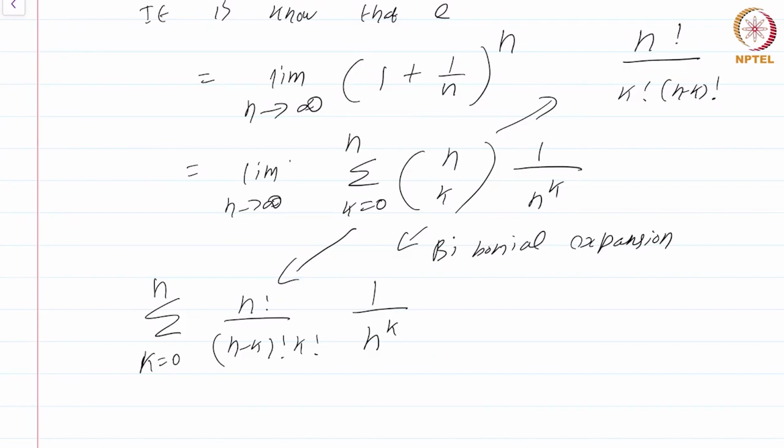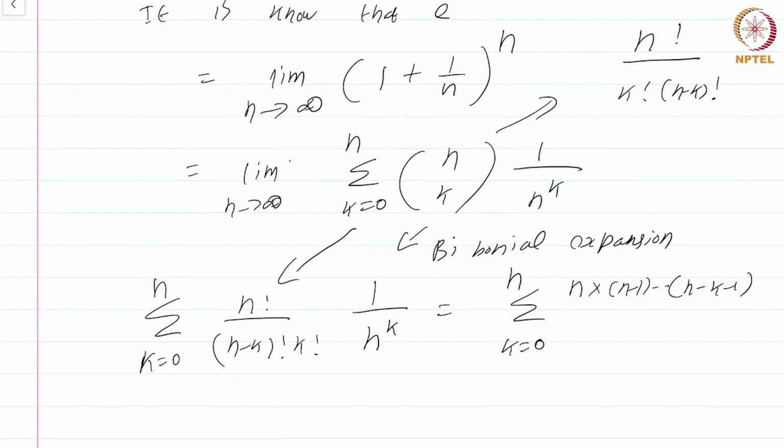Okay, which is just summation k equals 0 to n of n into n minus 1 into dot dot dot n minus k minus 1. Okay, that's essentially n minus k plus 1.